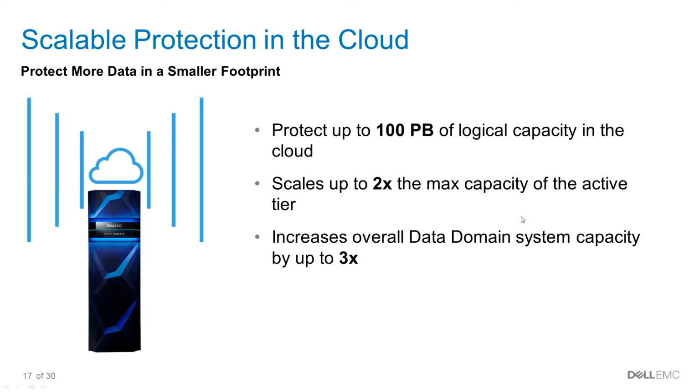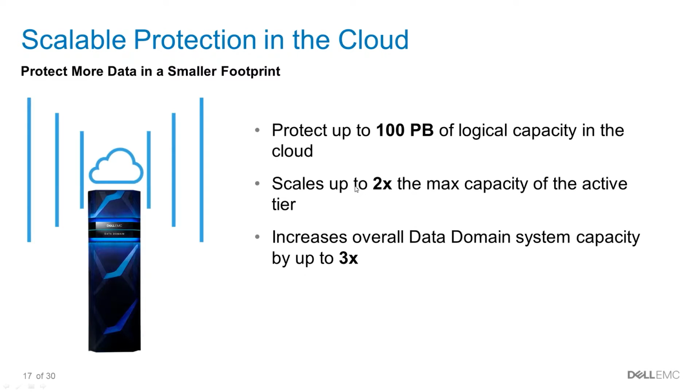Okay, scalable protection. You can protect up to 100 petabytes of logical capacity in the cloud. Petabytes. So it scales up to 2x max the capacity of the active tier. We talked about that earlier. And increases overall Data Domain system capacity by up to 3x because you're getting the 2x extra in the cloud.